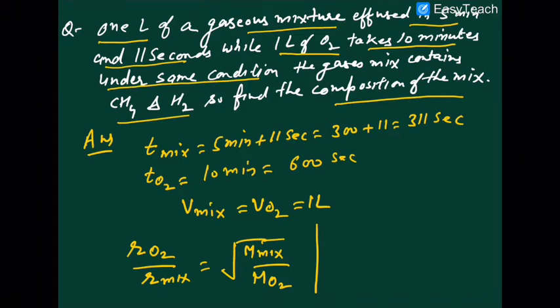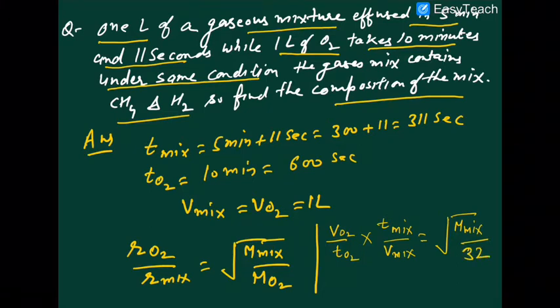So rate will be volume of O2 by time taken by O2, times time taken by mixture by volume of mixture, equal to molar mass of the mixture by molar mass of oxygen, that is 32.